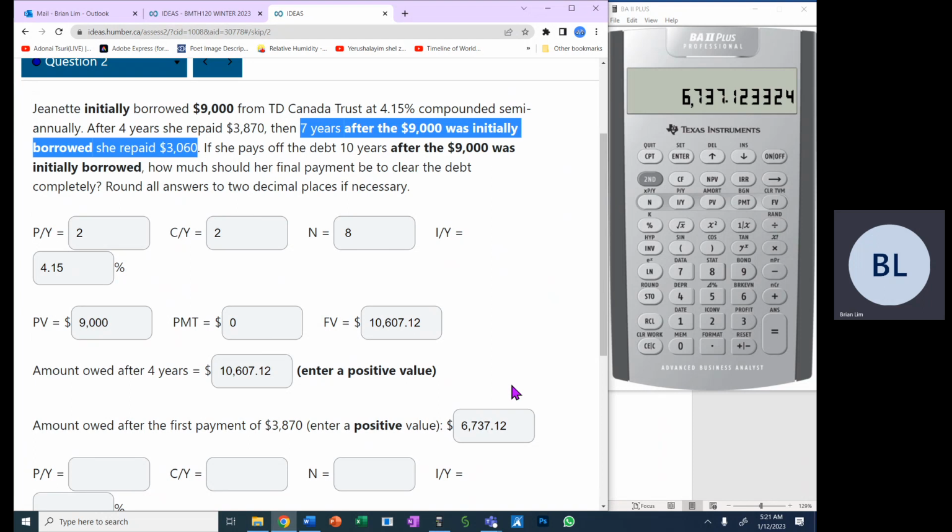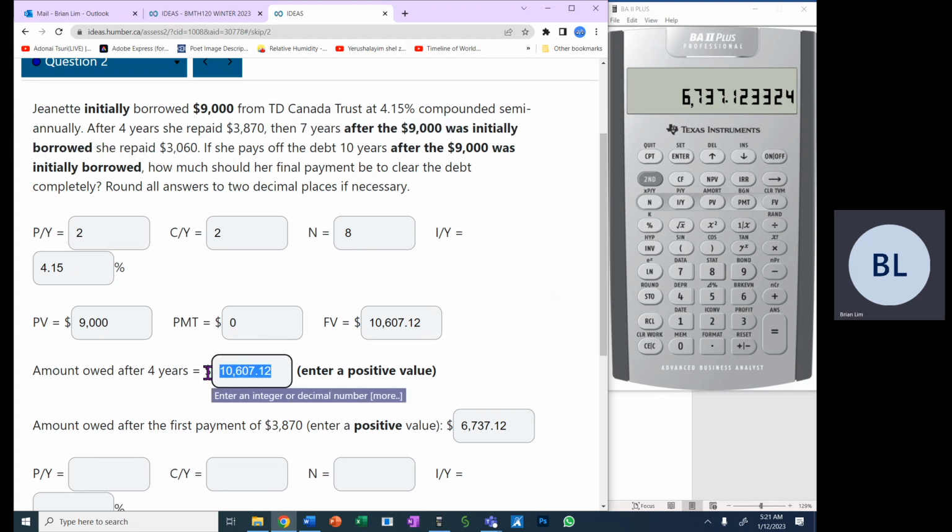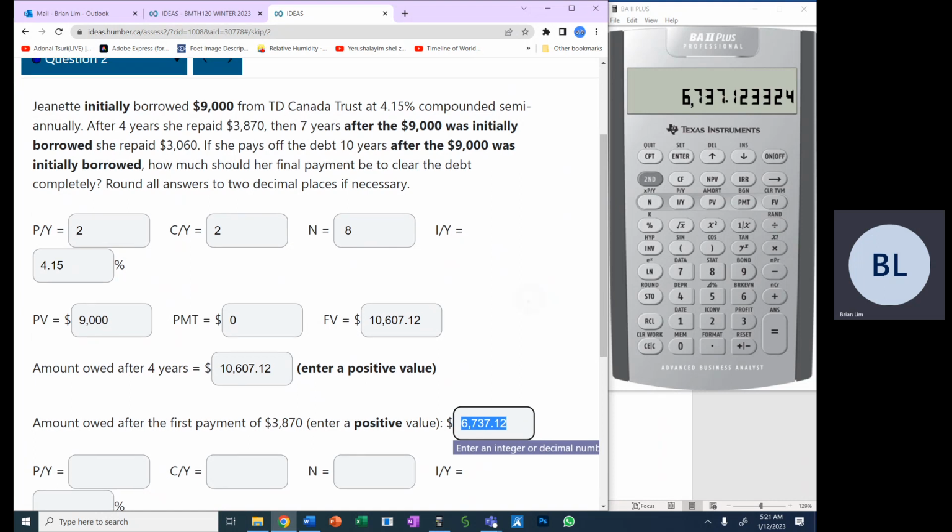We've done one set, and that set stops about right here when we computed the future value. Then after that, we compute the payment, or we subtract the payment from this future value here. So this number minus 3,870 gave us this number right here, $6,737.12.